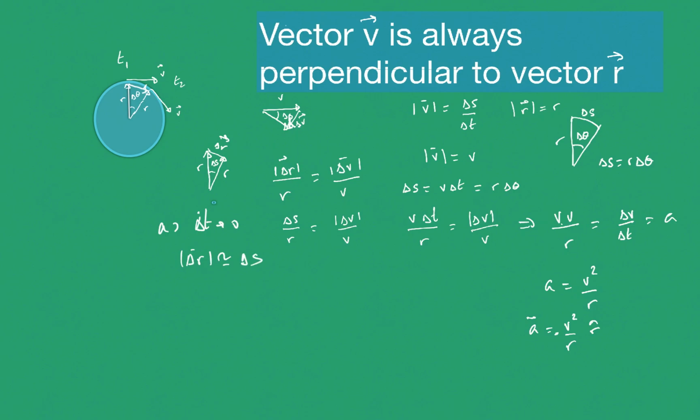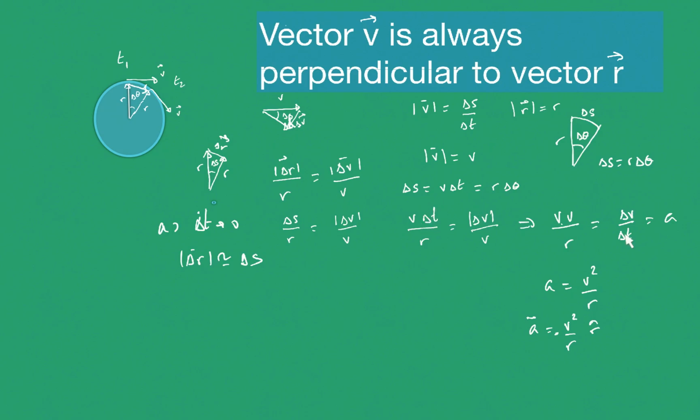Okay. So the equation that I will write, instead of writing the magnitude of delta r, I will write delta s divided by r equal to delta v divided by v. But delta s is v by delta t. So v by delta t divided by r will be delta v divided by v. But delta v divided by delta t is the magnitude of the acceleration.